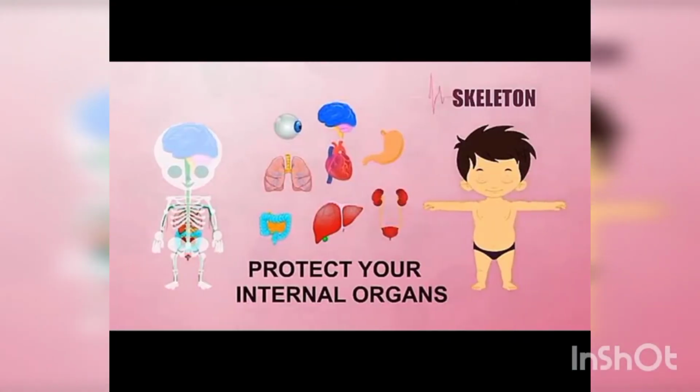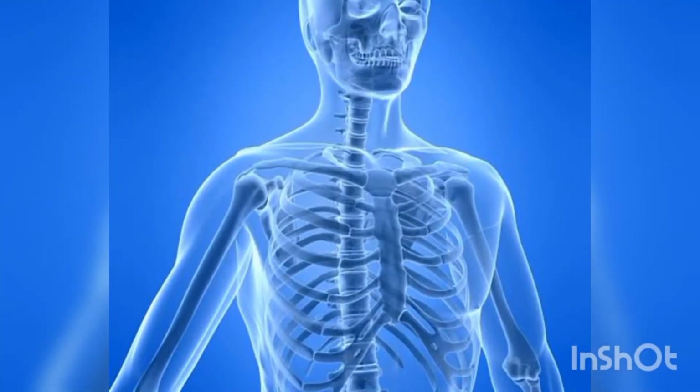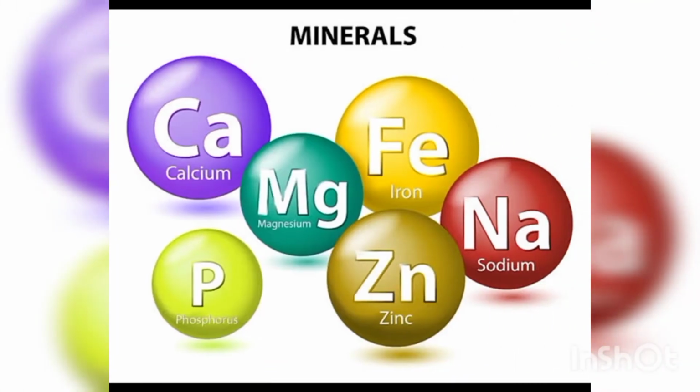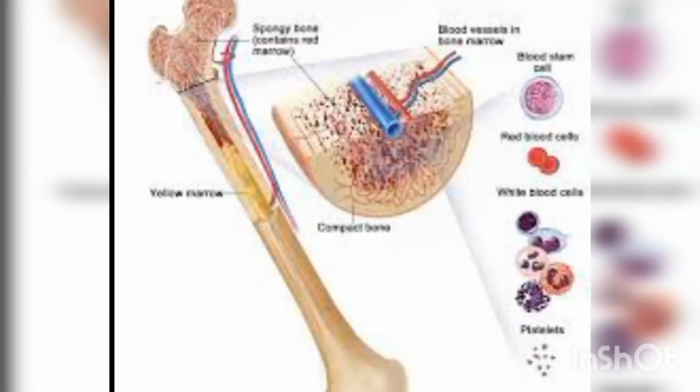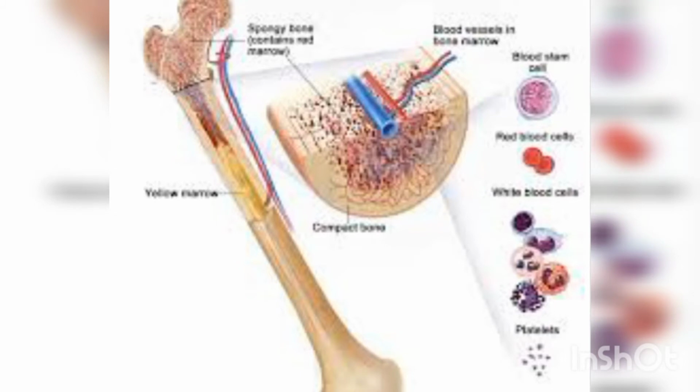It protects the soft internal organs of our body such as the heart, lungs, liver, kidney, etc. It gives strength, support and shape to the body, and it also helps in movement. It contains important minerals needed for our body. Many bones are hollow and filled with a substance called bone marrow. The bone marrow produces the blood cells in our body.